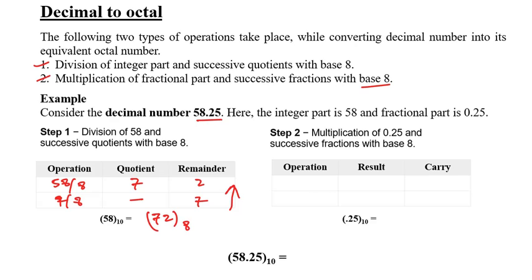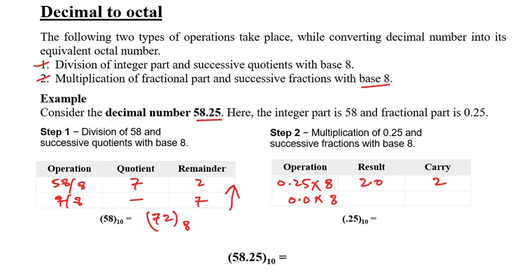In the second step, we will convert the fractional value 0.25 into its octal equivalent by multiplying it by 8. If you multiply 0.25 with 8, it gives you 2.0. In the result 2.0, the carry is 2, because the integer part is collected as a carry and the fractional value goes for further multiplication, that is 0.0 with 8.